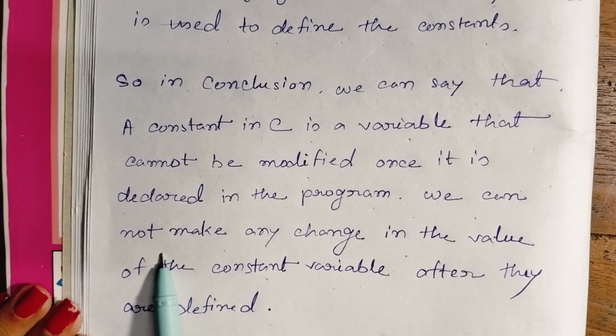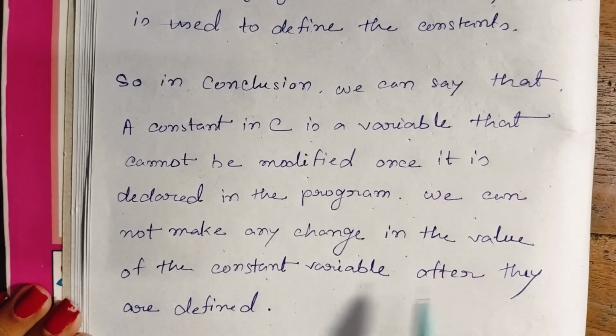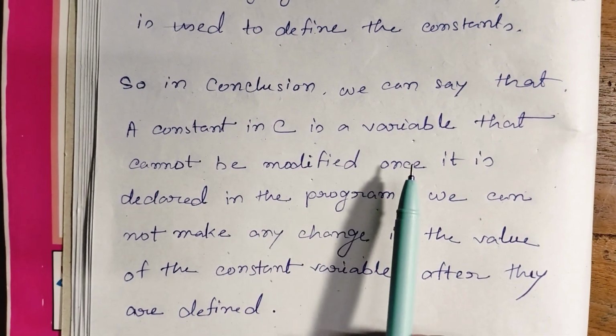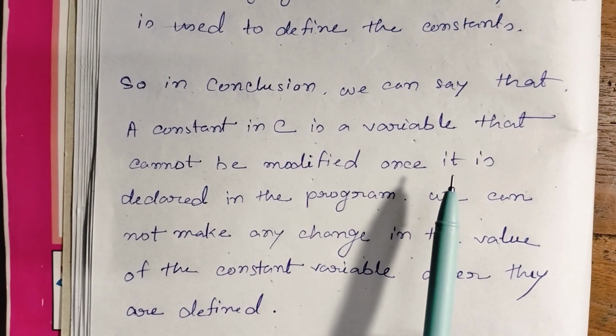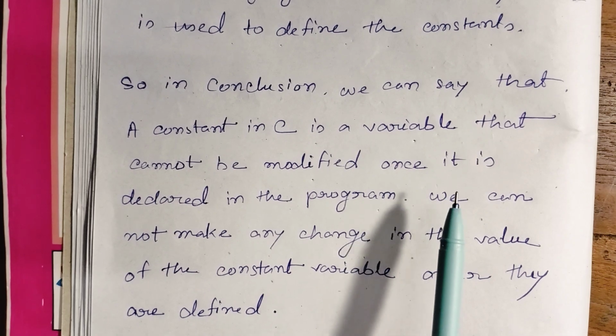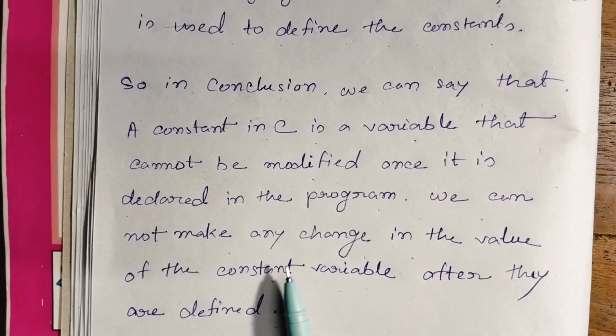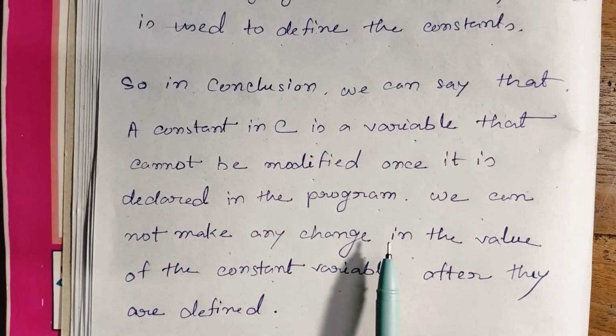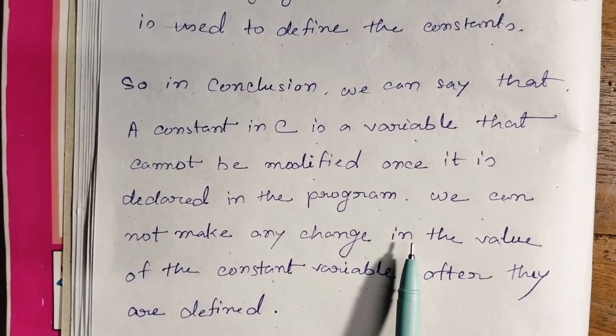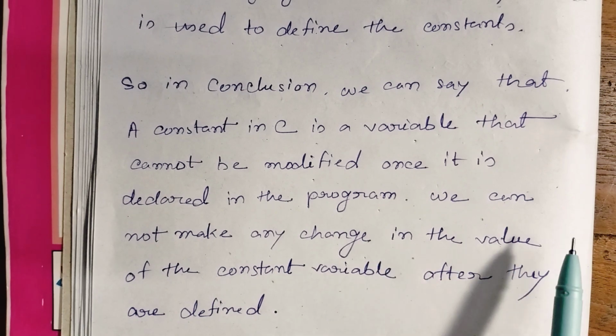We cannot make any change in the value of the constant variable after it is defined, and we use the const keyword for defining constants in C language.